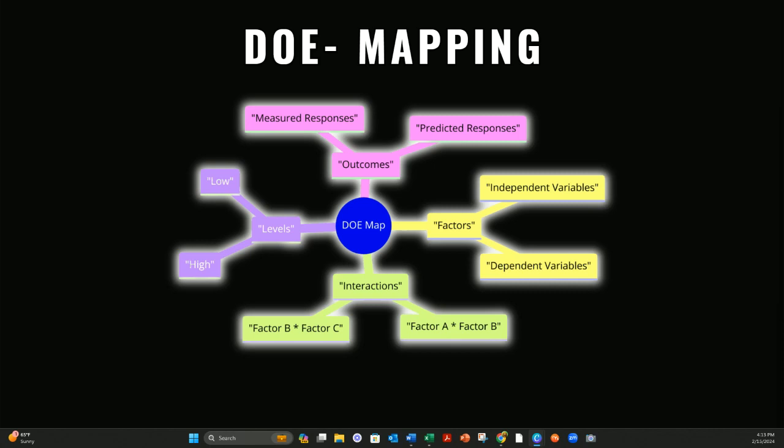We understand what the interactions between maybe factor B and factor C are versus factor B and factor A, right? When we look at our production level, do we have a high variation or do we have a low variation in our process? Overall, when we map our process or we map our design of experiments, we start here.